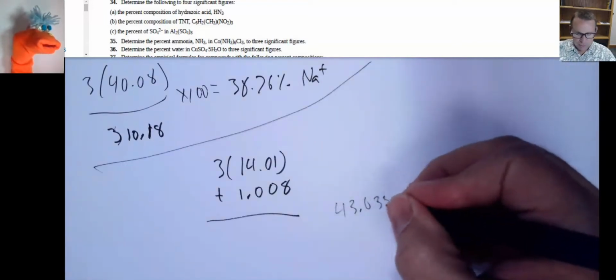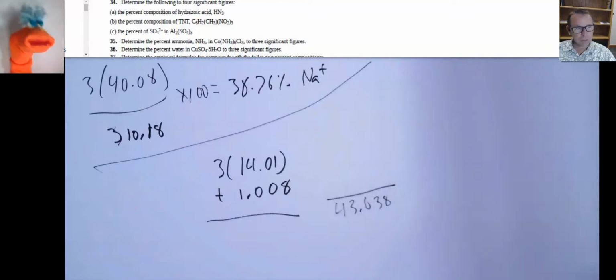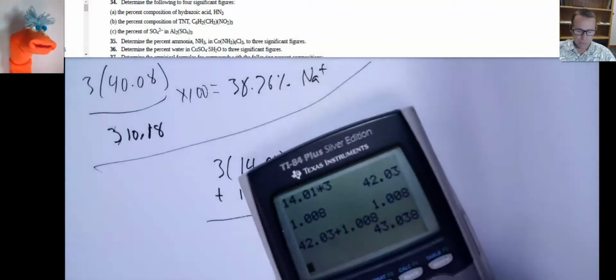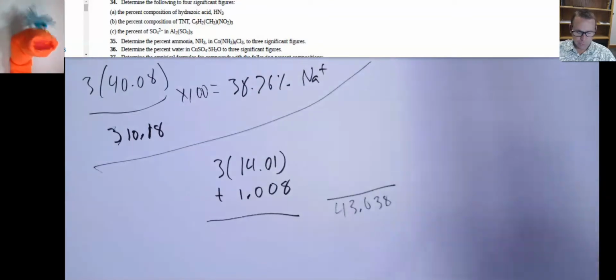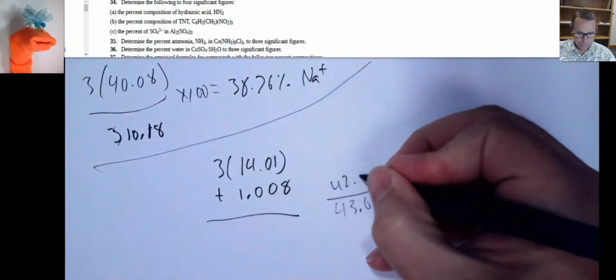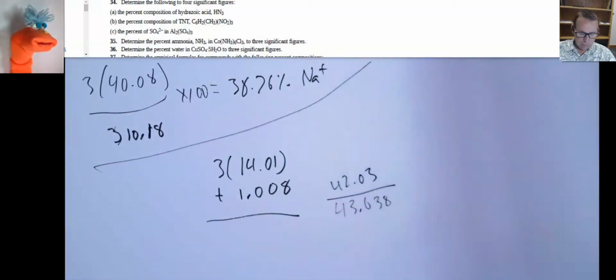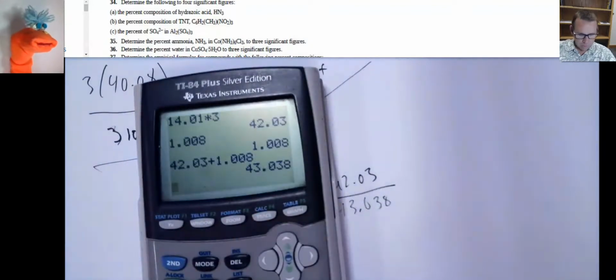Now what do we do with that mass total? Well, we use it to divide the masses of the nitrogen. What was that? 42.03. All right. So 42.03 divided by that times 100.